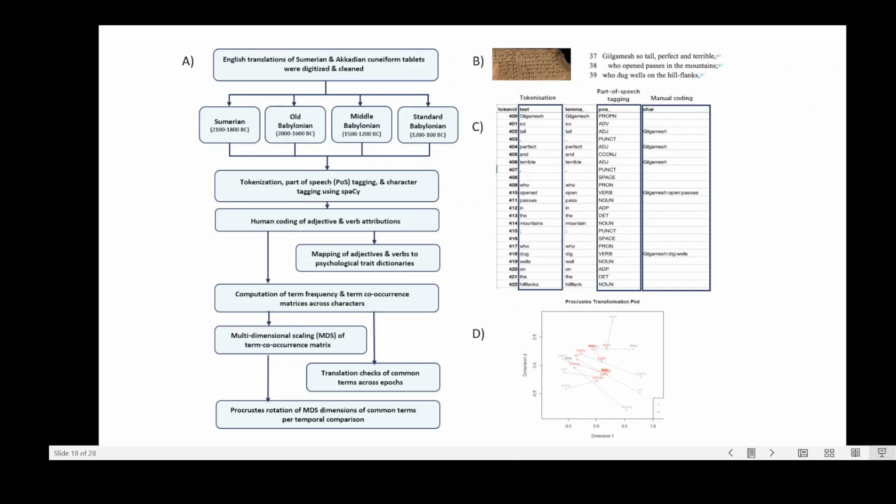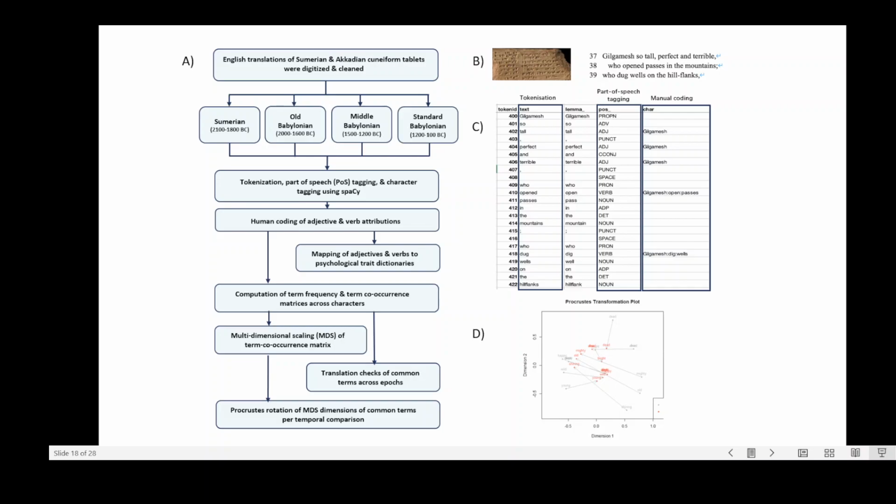We ran some computational analyses where we did part of speech tagging, which allows us to relatively easily identify adjectives and verbs. Then a human coder, Amy, went through the whole text and assigned relevant adjectives and verbs to characters. We then mapped the relevant adjectives and verbs to contemporary psychological dictionaries.